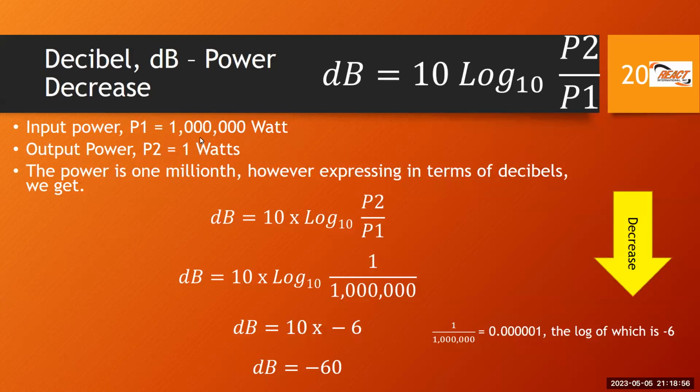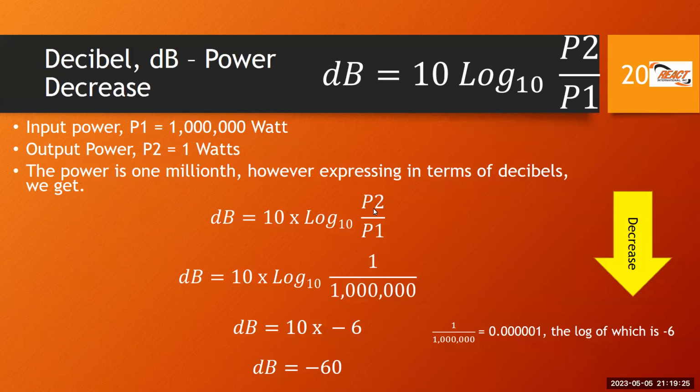That's a millionth. However, we can describe that in terms of dBs, and you're probably starting to see why hams and people in radio use decibels to compare power ratios. All right, so let's stick these numbers into our trusty decibel formula. dB is equal to 10 multiplied by the logarithm of power 2 over power 1, or output power over input power.